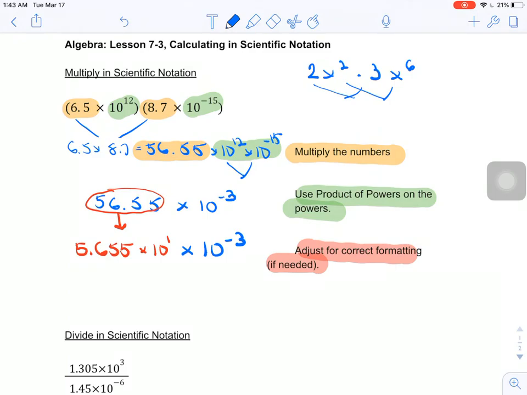So in order to fix the formatting, if you have something that's not formatted correctly, you have to take that number that's not formatted correctly, pull out the rest of the factors of 10, and then combine them with what was already there. So I pulled out another factor of 10, but now I have to combine it with that 10 to the power of -3 that was already sitting there.